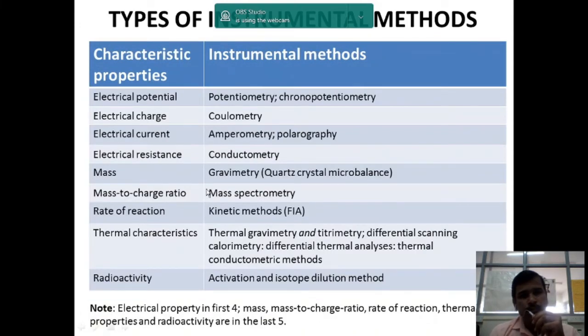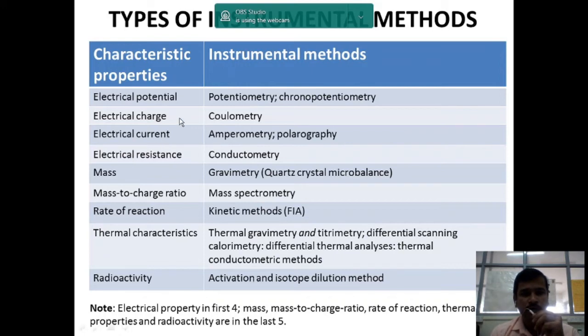And even the electrical properties of the analyte can also be utilized. The electrical properties such as potential, charge, electrical current, and resistance. So the electrical property such as potential of the analyte is going to be measured in potentiometry or chronopotentiometry. The electrical charge, in order to convert the analyte from one state to another state, either we have to oxidize or reduce the analyte.